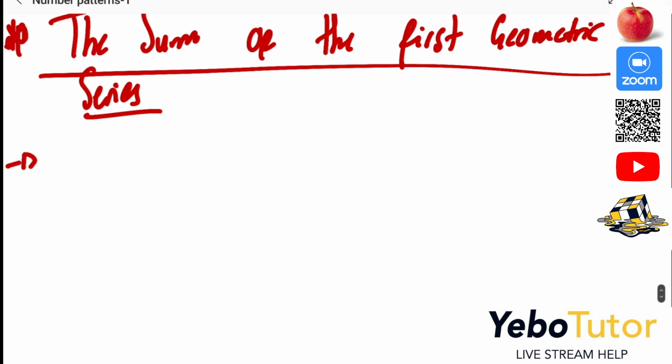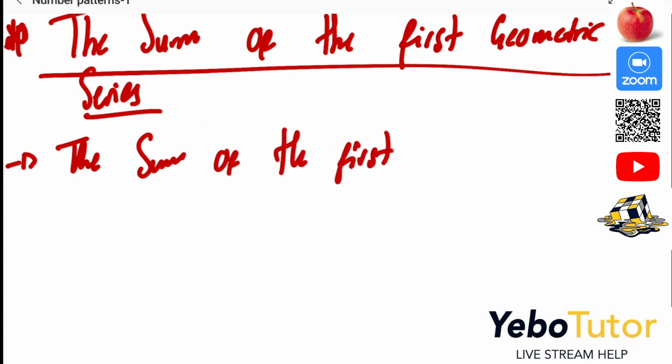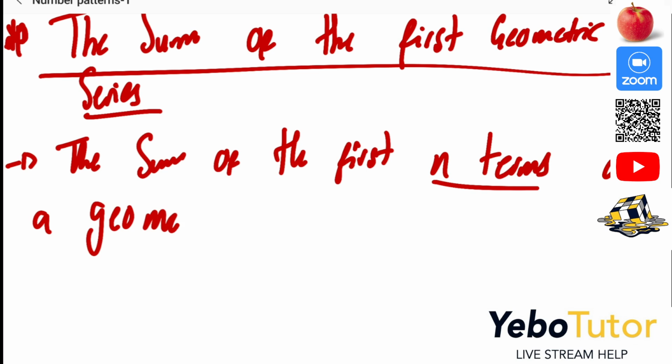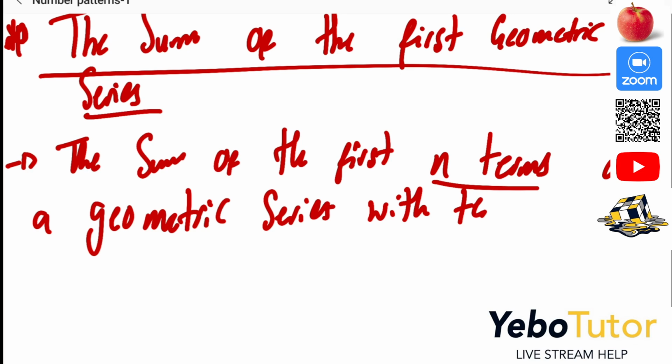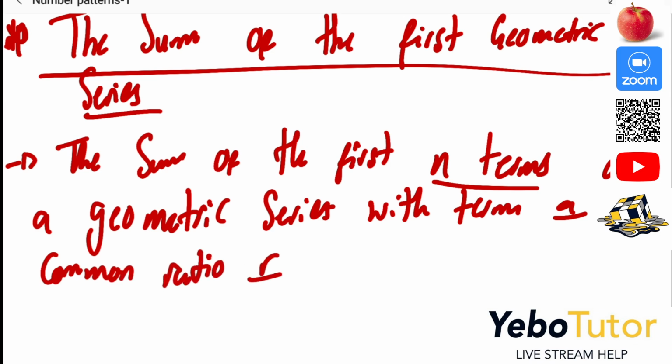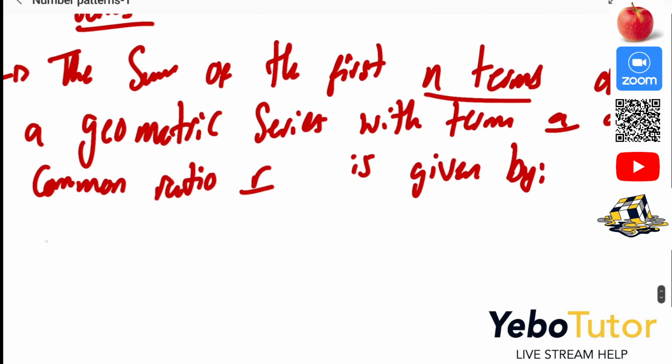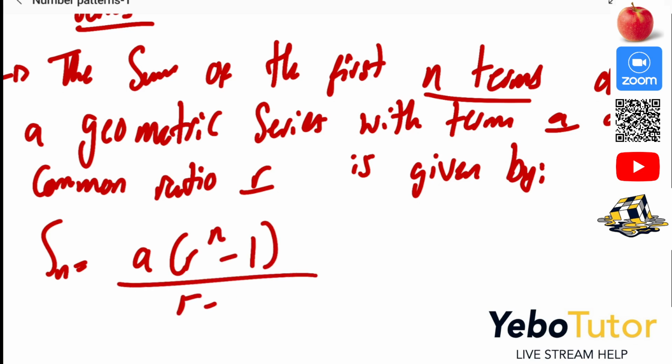So in order for us to get that, we need to understand that the sum of the first n terms of a geometric series with first term, of course, which is a, and common ratio, which is your r, is given by Sn is equal to a(r^n - 1) divided by (r - 1).